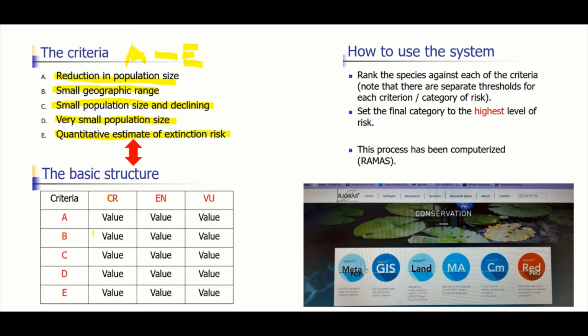And this is how we are able to calculate, because we said we are mainly looking at extinction risk, which consists of critically endangered, endangered and vulnerable.